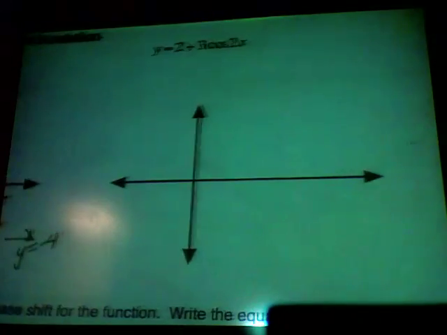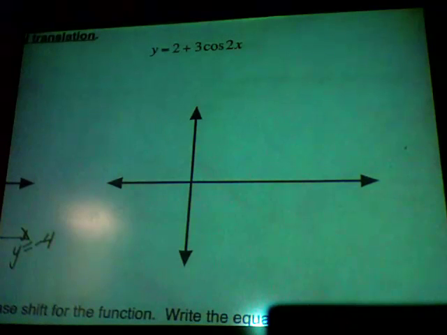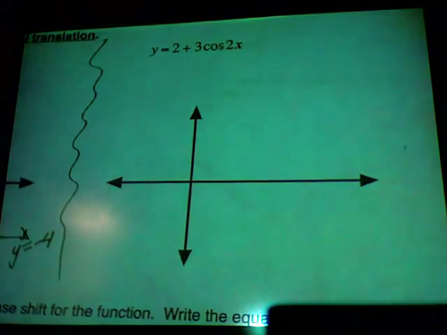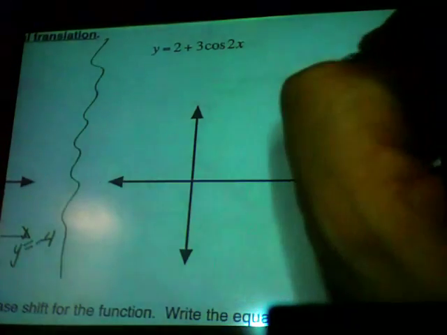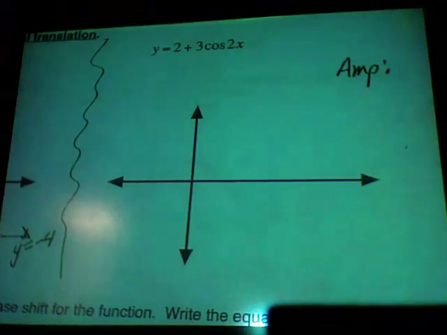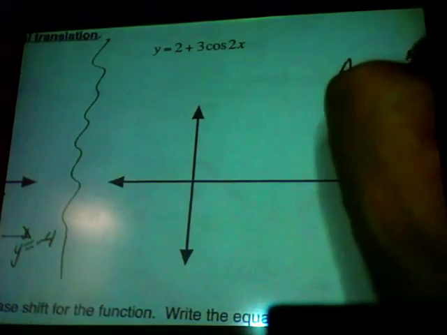Okay, look at the next one. I'm trying to break it into pieces for you. You tell me what's going on in the next one. We're adding things that we don't need to add. Okay, let's start with the amplitude then. What's the amplitude of this one? Very good, 3. No reflection, thank goodness.